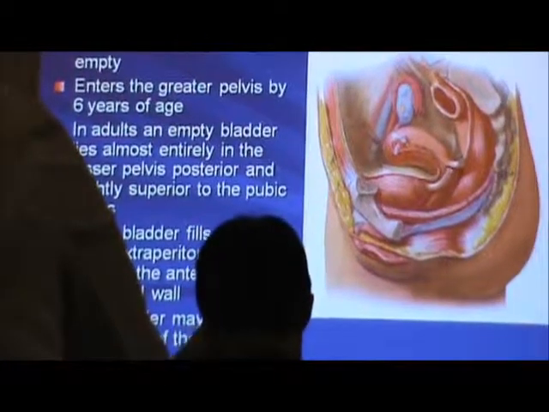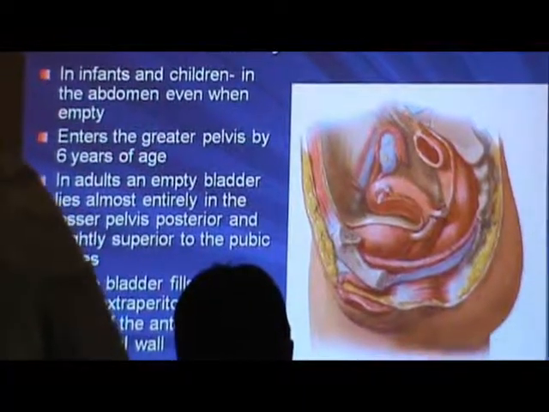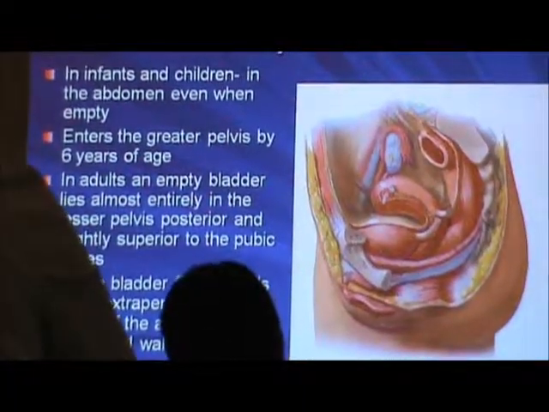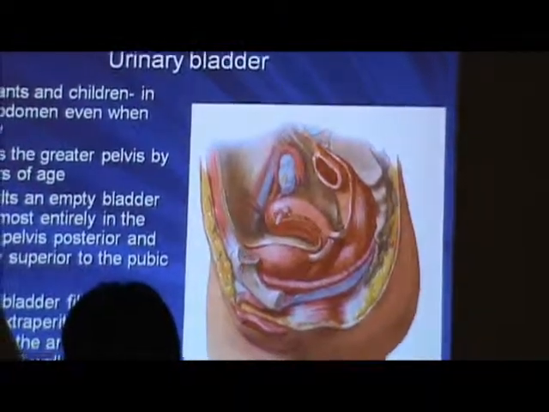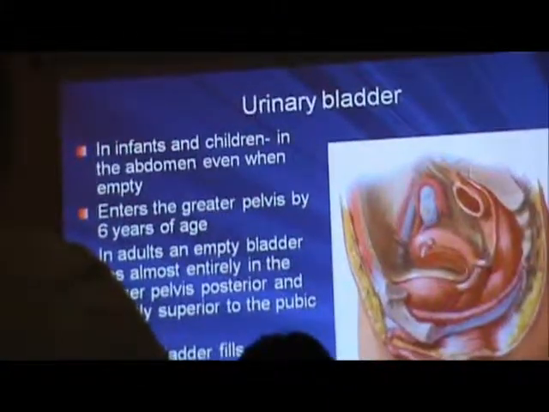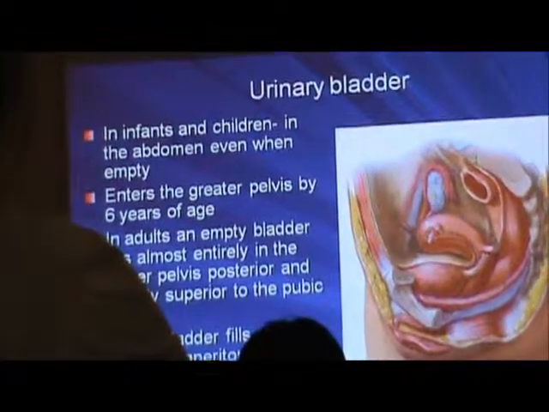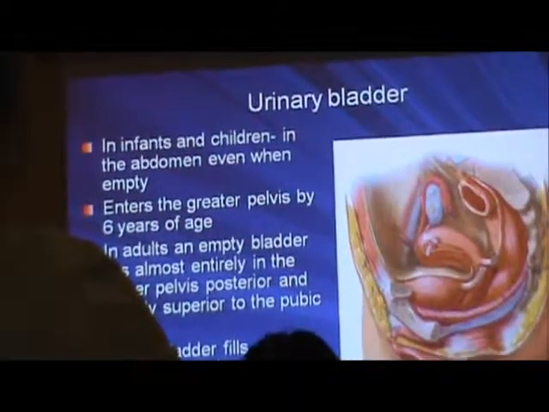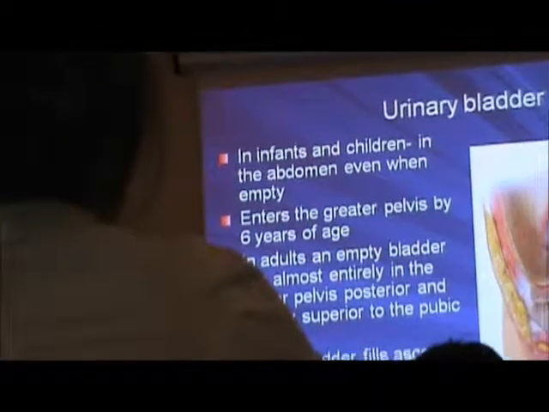So when the urinary bladder is more full, it presses into this retropubic space. A full bladder, when we can't pee, may ascend to the level of the umbilicus. Sometimes we say that my urinary bladder ascends to the stomach.